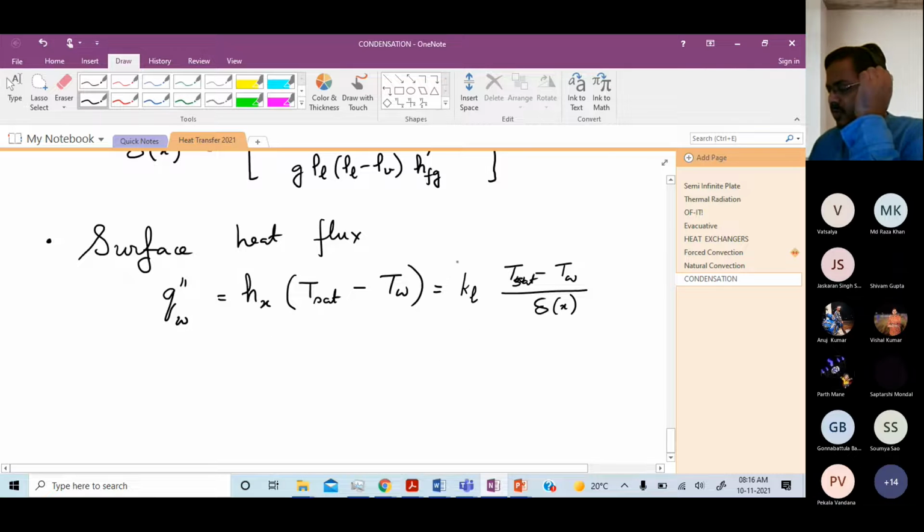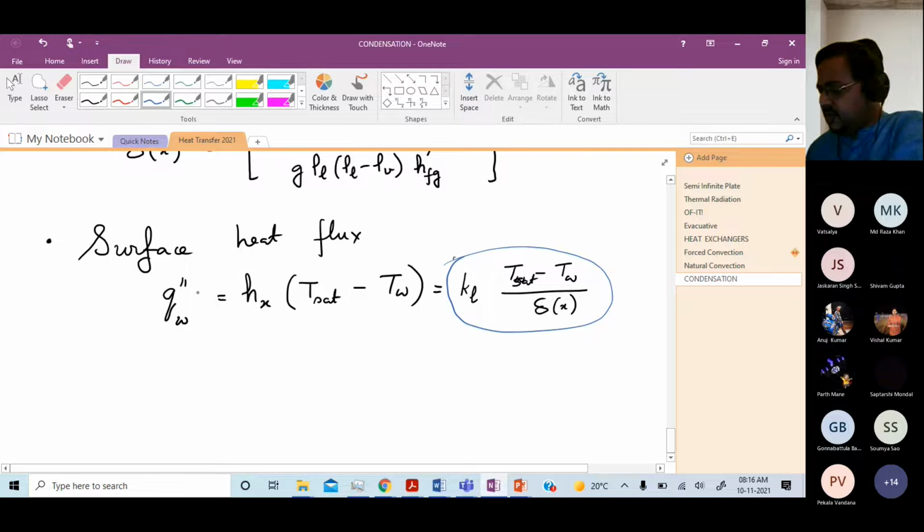So I can find out from here, especially from this expression, what is the rate of heat transfer at any point x. It's a function of x.